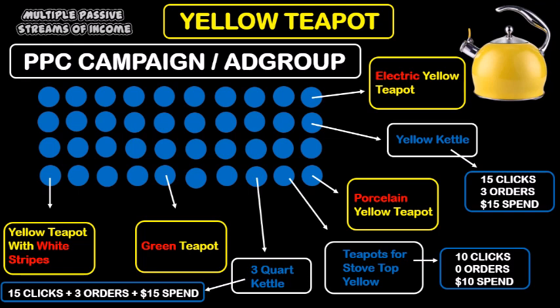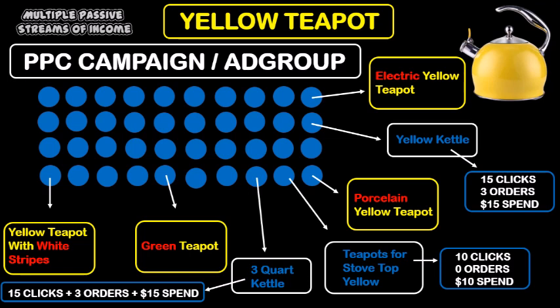The 3-quart kettle produced 3 orders from 15 clicks and spent $15 worth of PPC spend versus teapots for stovetop yellow, which after 10 clicks and $10 worth of PPC spend produced no sales. So let me show you how to quickly spot these search term phrases. Then we're going to reduce their bids, and then we're going to quickly update those bids in our PPC campaigns.